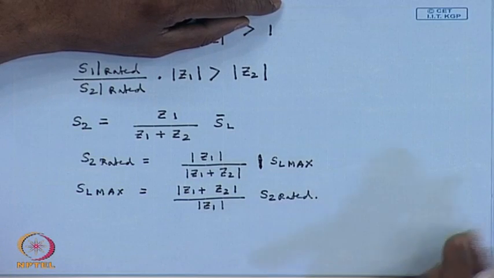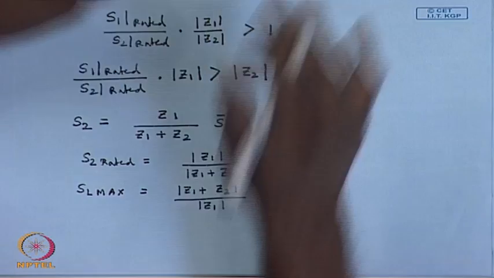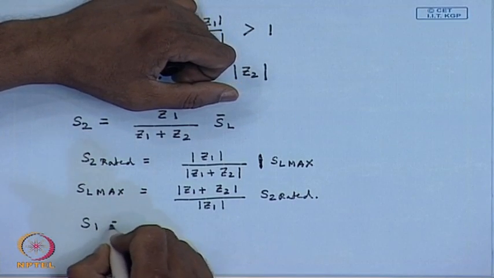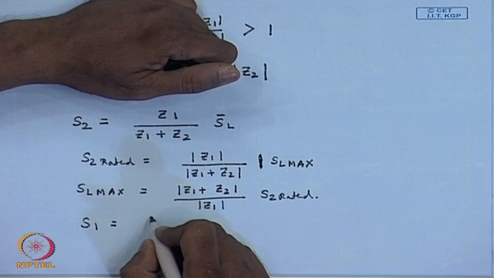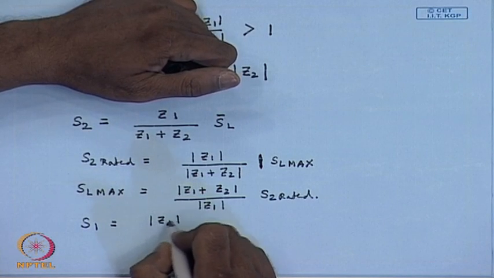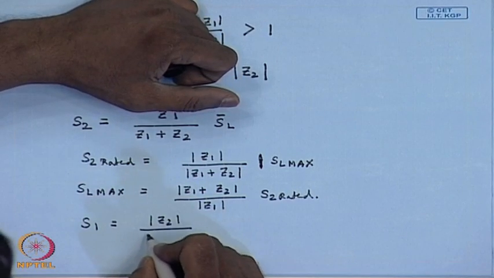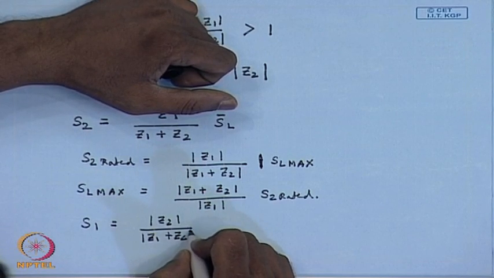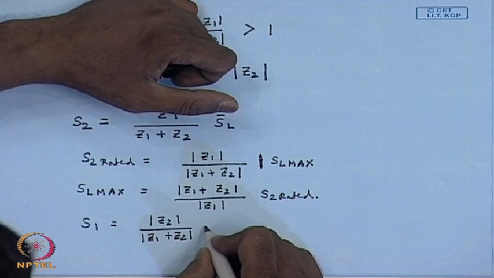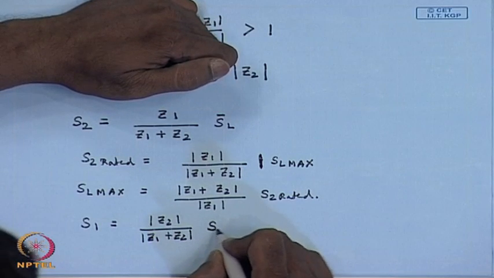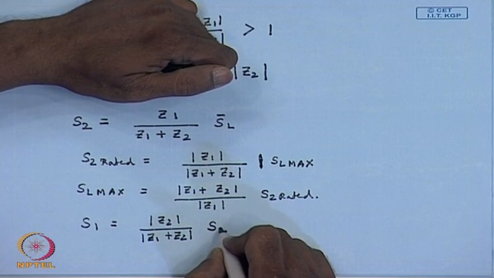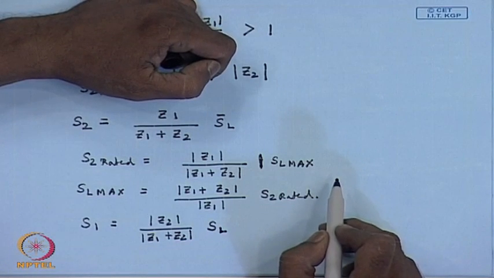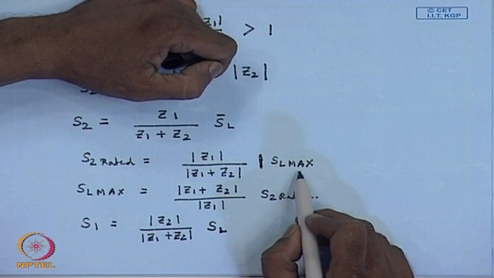So, what is the load on the first transformer then? S1 is given by S1 equal to |Z2| divided by |Z1 + Z2| into SL, and when S2 reaches its rated kVA, then the load kVA is SL max.